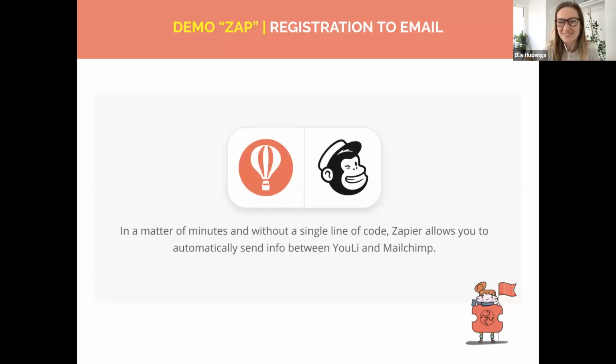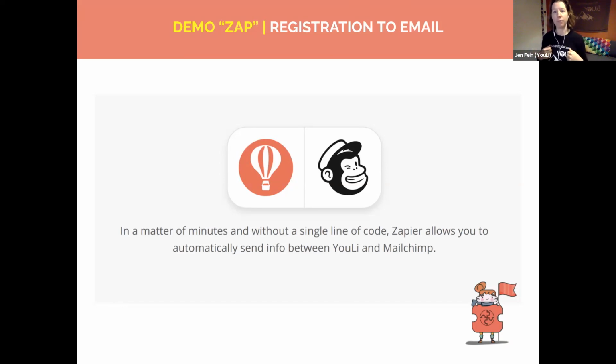Excellent. Thank you, Ellie. The important thing to recognize here is, of course, that YouLi and Zapier are completely different companies. And while we are connected, one of the things that you'll want to pick up from this session is when you are going to talk to YouLi, when is it a YouLi question versus a Zapier question. I'll touch on that throughout.